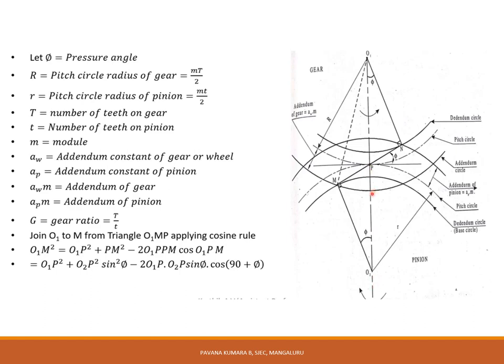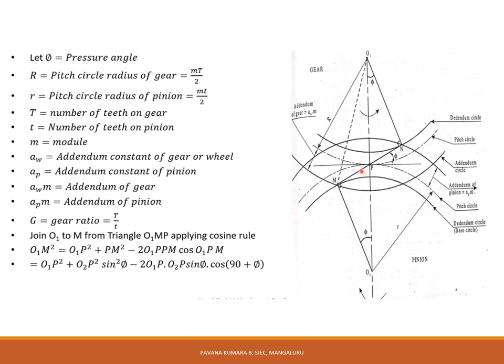So from that expression we can find out PM. PM is O2P sin phi. Then cos O1PM, this we can also write as cos of 90 plus phi.